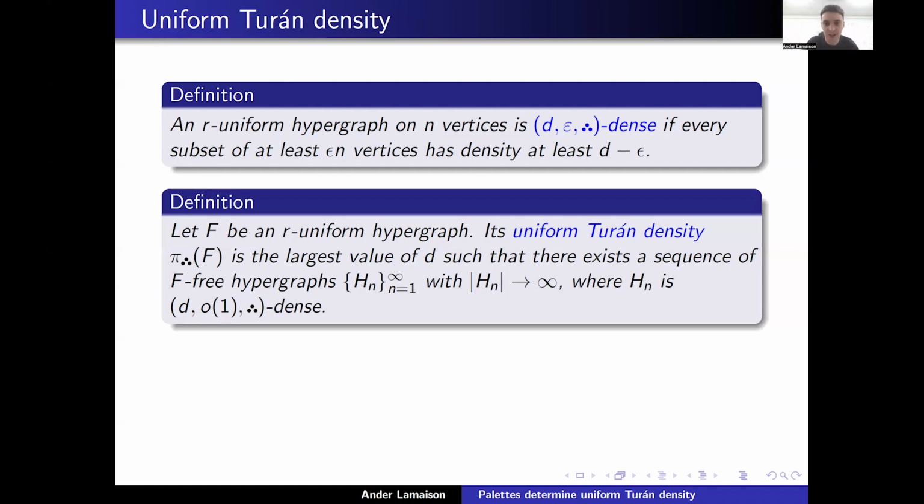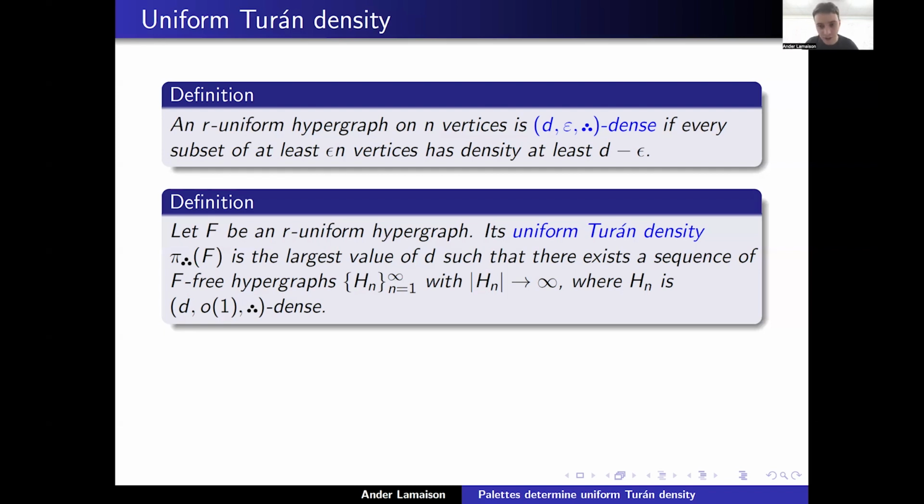And the purpose is, again, to avoid constructions like the one that I showed before, but also, if you remember the Erdős theorem for graphs, in the classical Turán density the extremal construction is a complete multipartite graph, and that also has linear sized independent sets. So we will not allow something like that. So what do we know about the uniform Turán density?